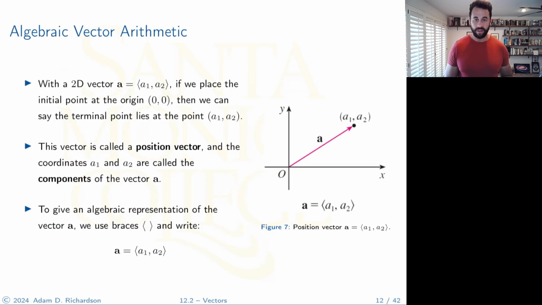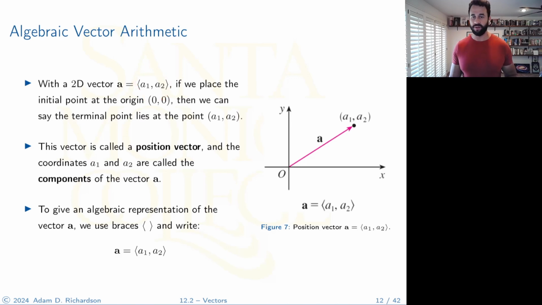Okay. All right, so now what does this look like algebraically? So let's go back down to 2 dimensions for just a minute. If we've got a 2-dimensional vector, A, and we place the initial point at the origin right here, then we can say that the terminal point lies at the point A1, A2. So the vector here is denoted by ⟨A1, A2⟩ with these little angled brackets, a left angle and a right angle.